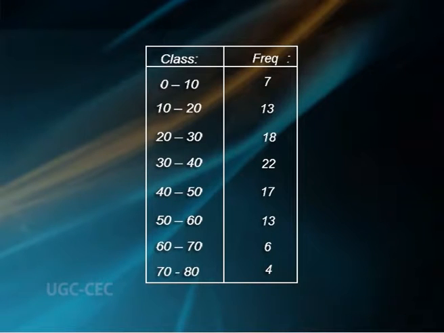Problem: obtain the 7th decile and 95th percentile of the following 100 observations. Classes 0 to 10, 10 to 20, up to 70 to 80, with the corresponding frequencies 7, 13, 18, 22, 17, 13, 6 and 4. Solution.